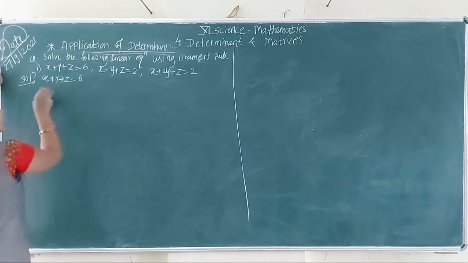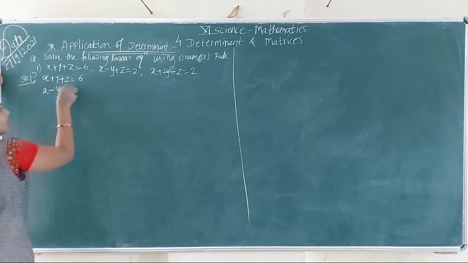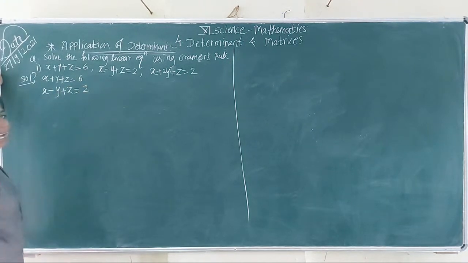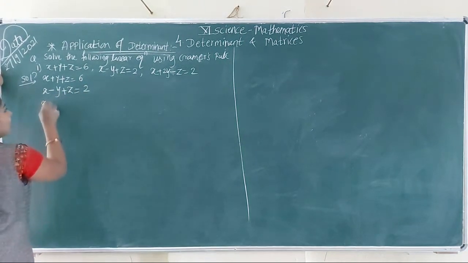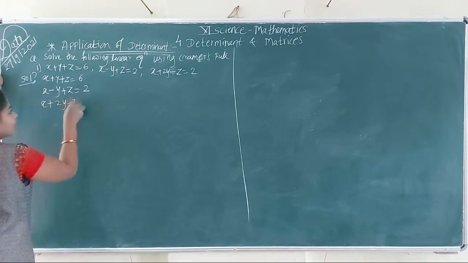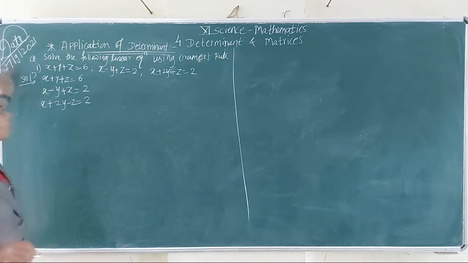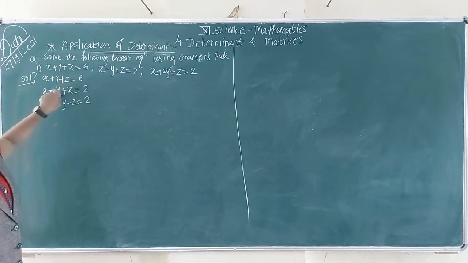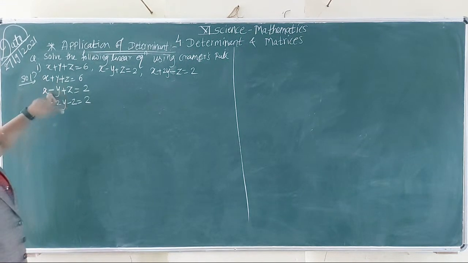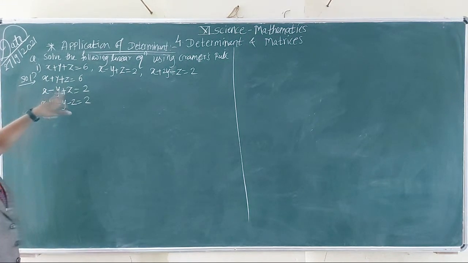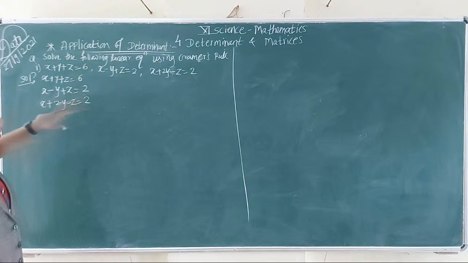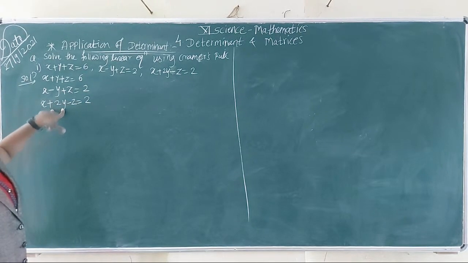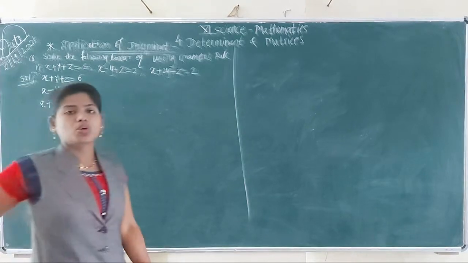The second is x minus y plus z is equal to 2. And the third is x plus 2y minus z, which is equal to 2.